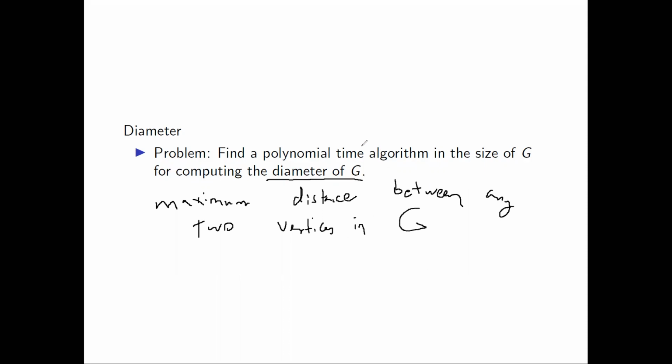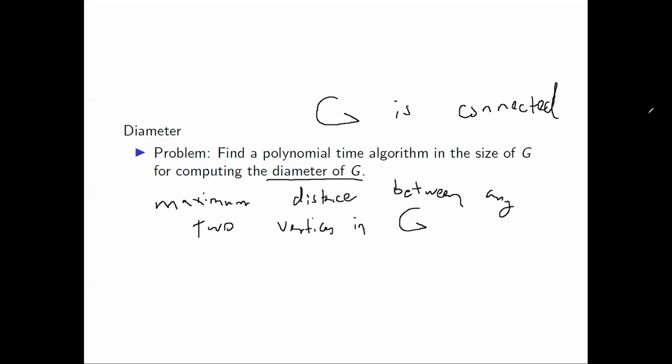So you can assume for this problem, just like on the last slide, that G is connected. Although you don't have to assume it's connected here. If you're given a disconnected graph G, you can run a routine at the beginning of your algorithm to determine whether or not G is connected.